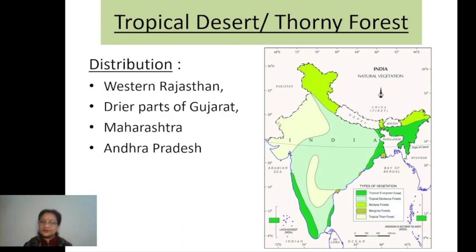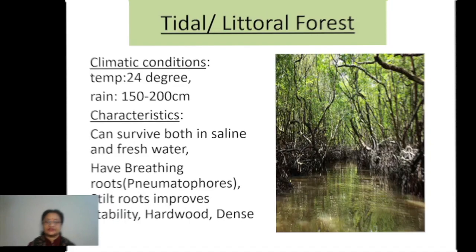Clear? Certain drier parts of Gujarat, a part of Maharashtra which is very dry, and Andhra, which get very less rainfall. In those areas also you will find this type of vegetation. This is called the tropical thorn and scrub forest or tropical desert type vegetation.